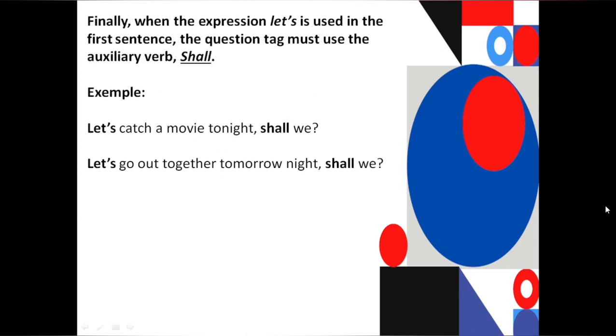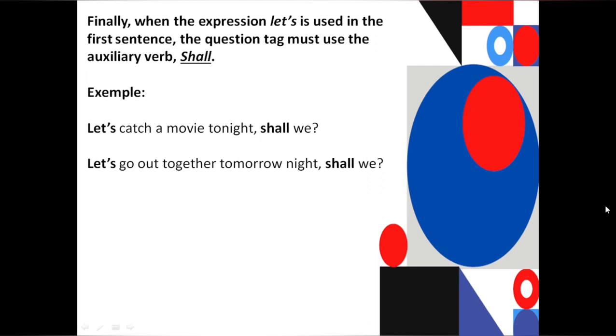And last but not least, we have, finally, when the expression let's is used in the first sentence, the question tag must use the auxiliary verb shall. So here, example: let's catch a movie tonight, shall we? Or let's go out together tomorrow night, shall we? Okay, so that's the rule.